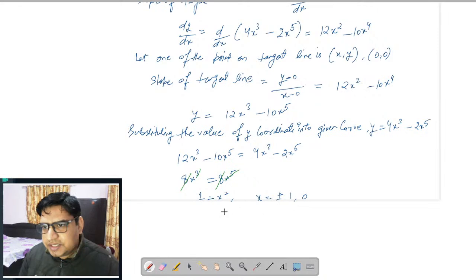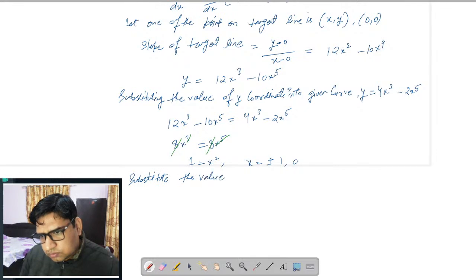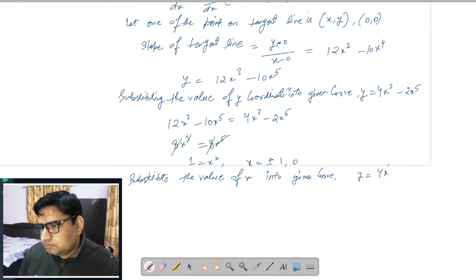Okay, now based on that we will simply find the value of y. So the y coordinate, y, substitute the value of x into the given curve. That is, y is equal to 4x cube minus 2x power 5.